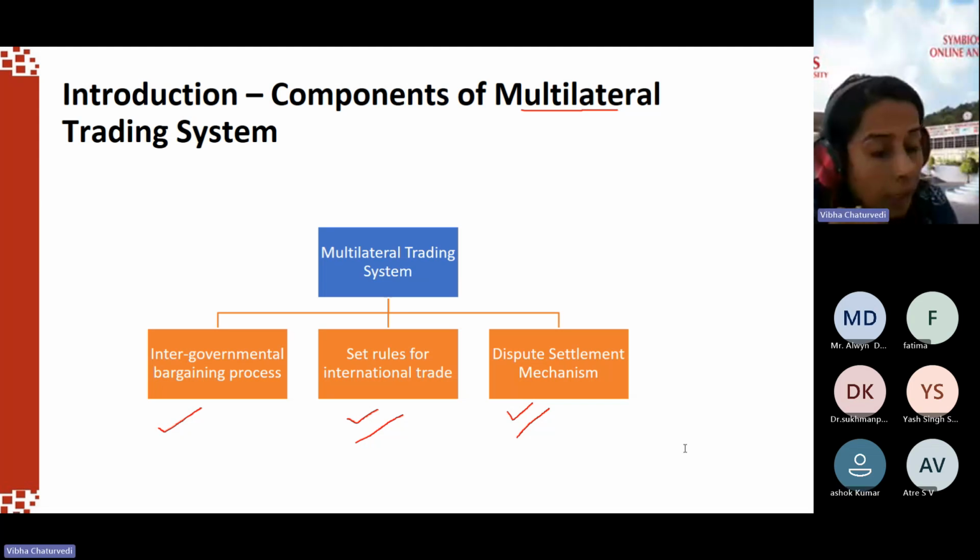So these three countries make a free trade area amongst themselves, which might mean a free flow of goods, services, and sometimes labor and capital in that area, right? But anything coming from outside will have to face some tariff barriers and non-tariff barriers, which is against the spirit of WTO.